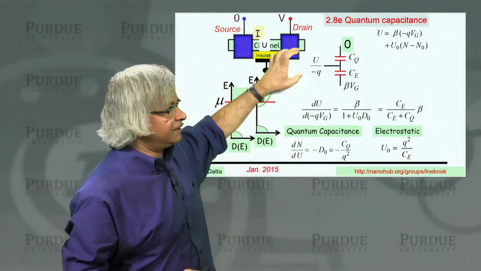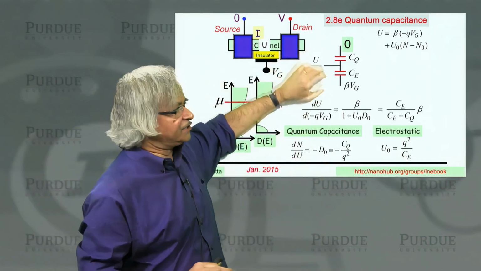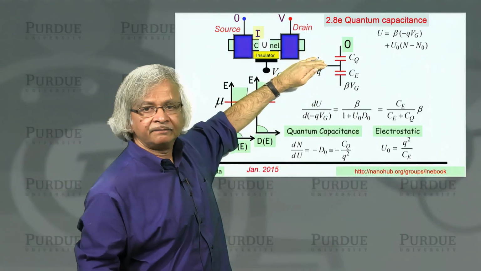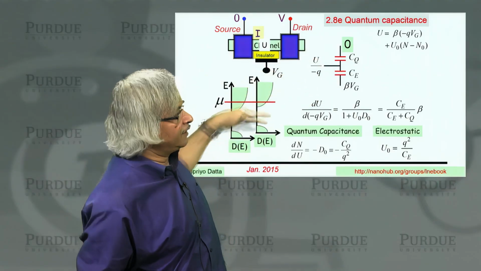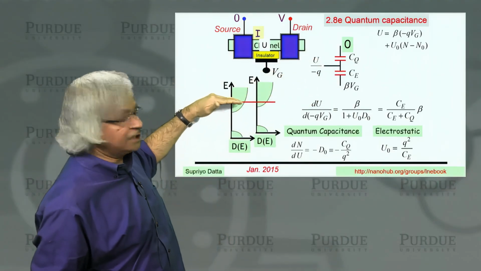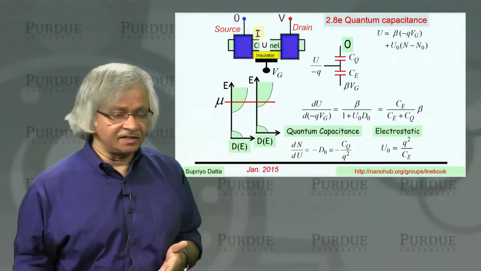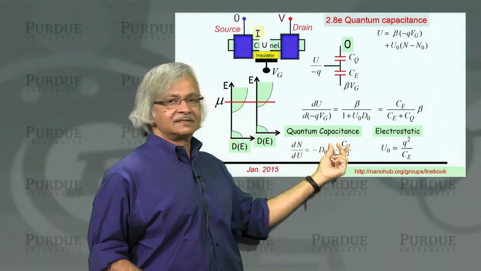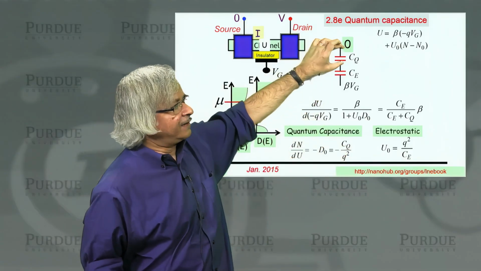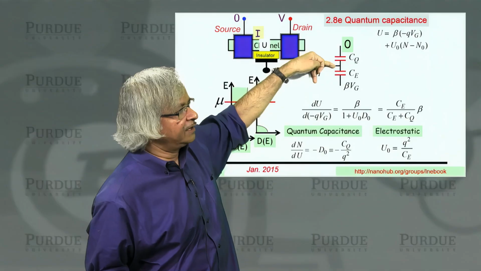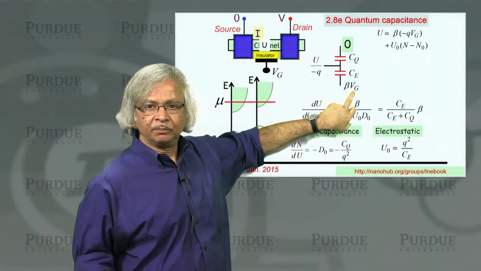So if you understand capacitive circuits, I think you'll see that if this is small, it means the entire voltage appears there. On the other hand, when the Fermi energy or this electrochemical potential is inside the band, then the density of states is high. Quantum capacitance is large. That's like having a low resistance there. And so the potential you actually get here is much less than what you apply.